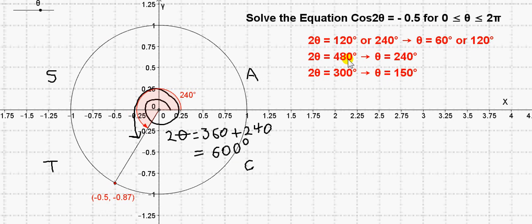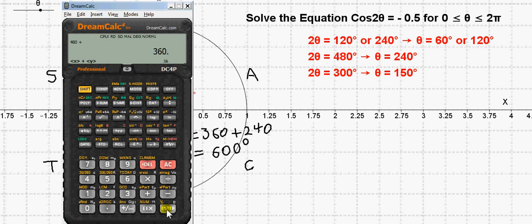You might think that we could keep going like this. You could actually keep adding 360 degrees onto the values of 2 theta we have here, and then dividing by 2. But the thing is, if we keep going, we will get a value of theta that's outside this range here. Theta has to lie between 0 and 360 degrees. So for example, if I add 360 onto 120 degrees twice, well, the first time we did it we got 480 degrees. If we do it again, 480 plus 360 is 840.